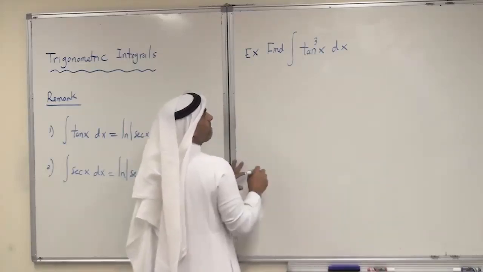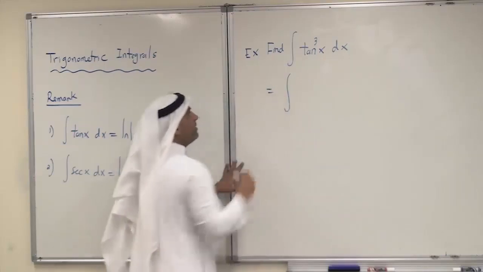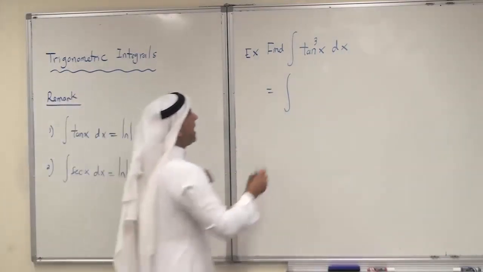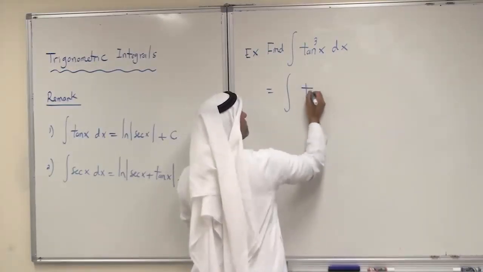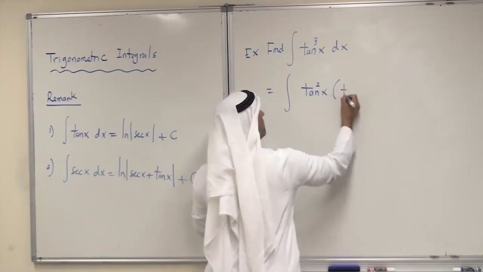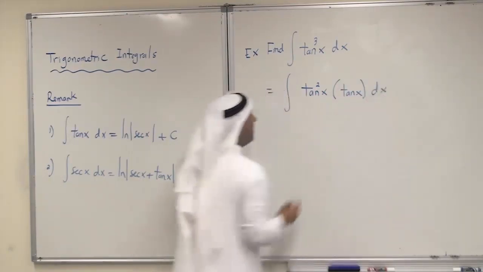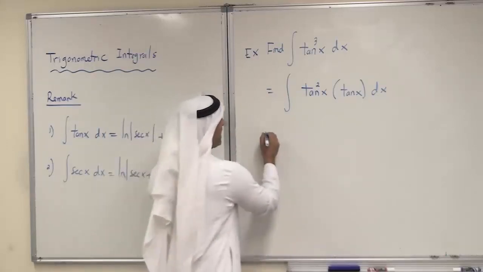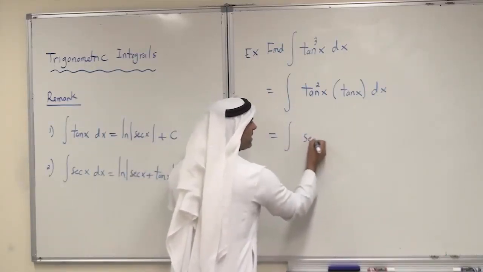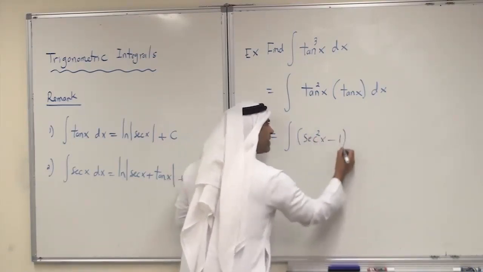What is the first one? The first one here, I will apply the following strategy. I will say it is tangent cubed. So tangent cubed, I will write it as tangent squared of x multiplied by tangent of x dx. Fine. Then for tangent square, I will rewrite it as secant squared of x minus 1.